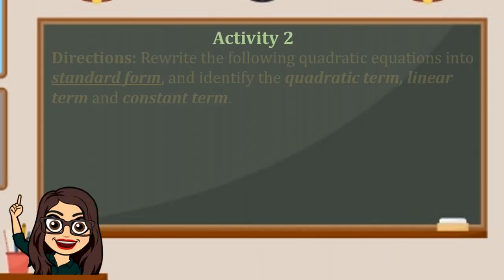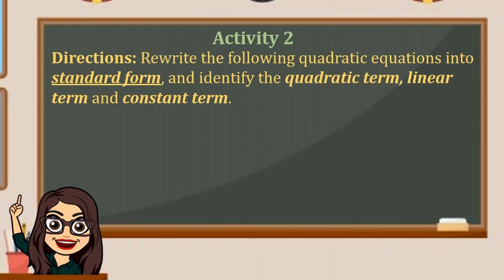Next activity, the direction is to rewrite the following quadratic equations if needed, into standard form and then identify the 3 terms. So, magbibigay po ako ng dalawang equations. Kung hindi pa naka-standard form, gagawing standard form and then identify si quadratic term, linear term, and constant term.